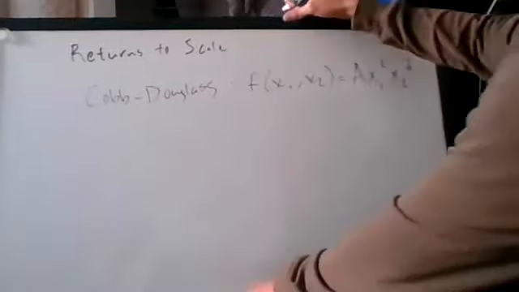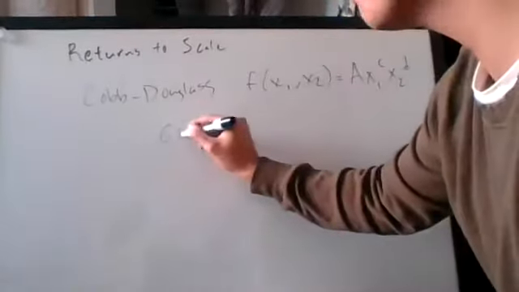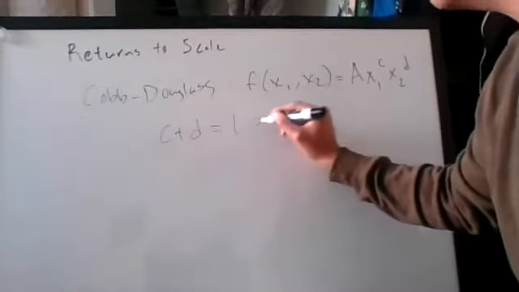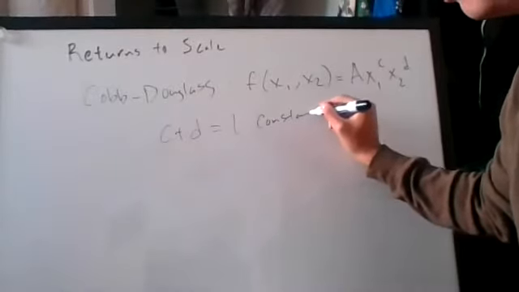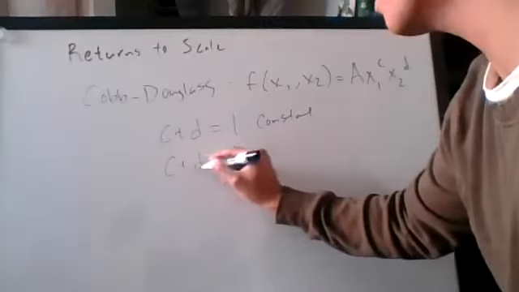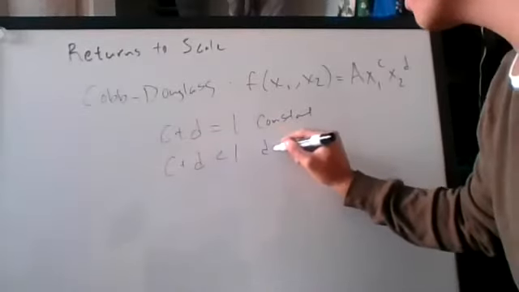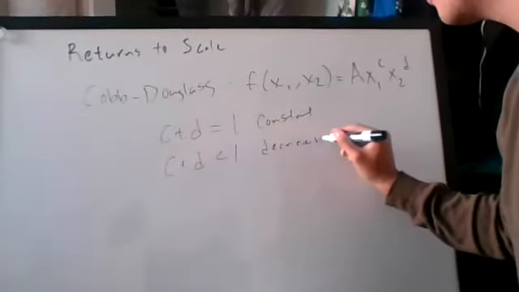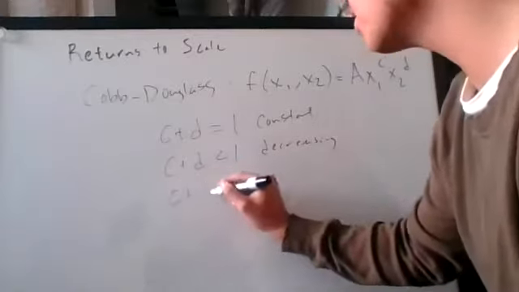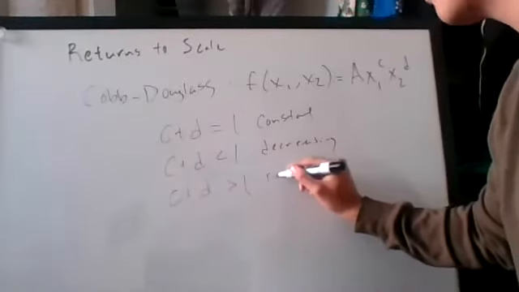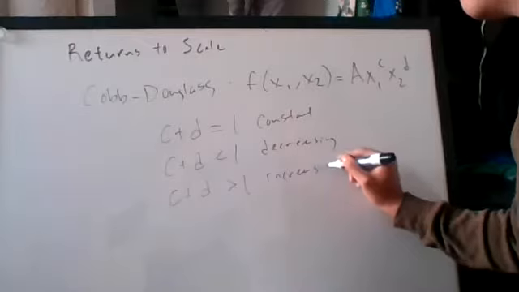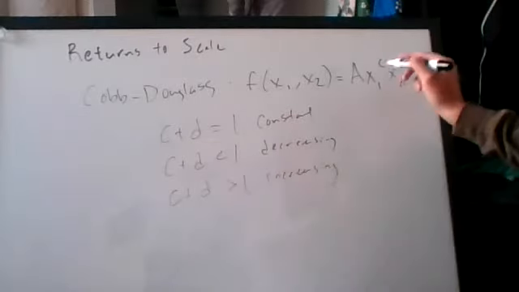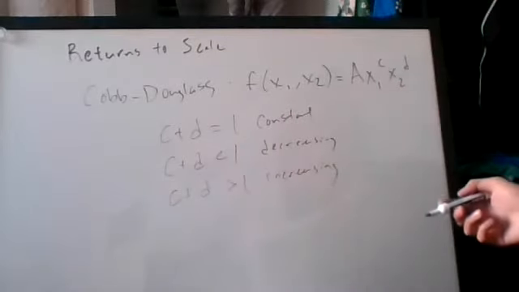If c plus d is equal to 1, we have constant returns. If c plus d is less than 1, we have decreasing. And if c plus d is greater than 1, we have increasing. And remember, this c plus d corresponds to the exponents of the production function, okay?